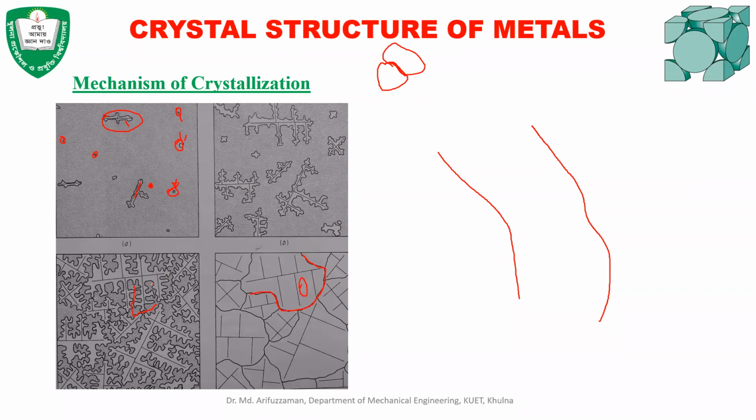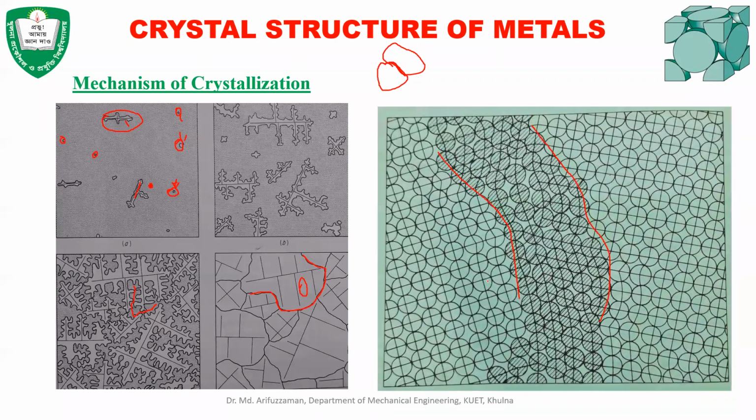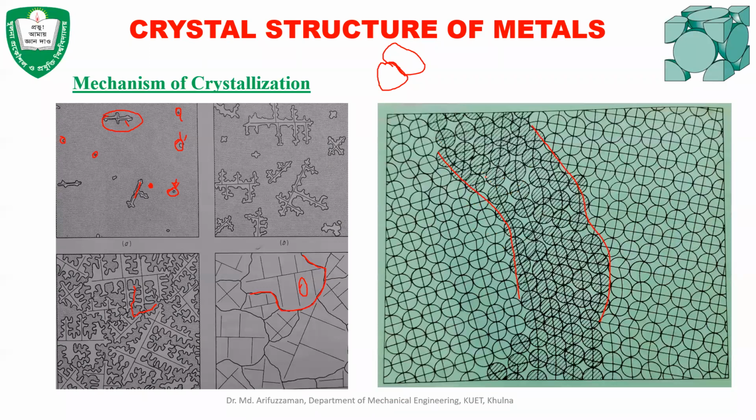When the crystals grow larger and larger, there will be very small space remaining between the crystals, and in that small space, atoms are organized discretely. There is no regular arrangement between the atoms, and this is called the grain boundary. The crystals are called grains, and the irregular arrangement of atoms between the grains is called the grain boundary. Okay, that's what happens after the nucleation.